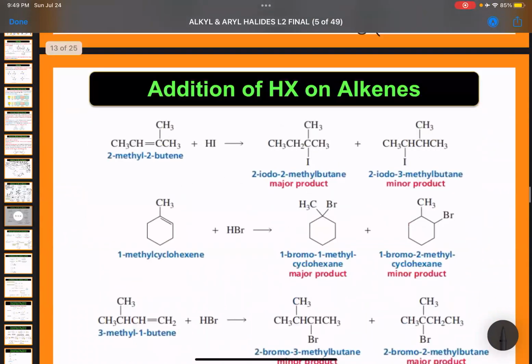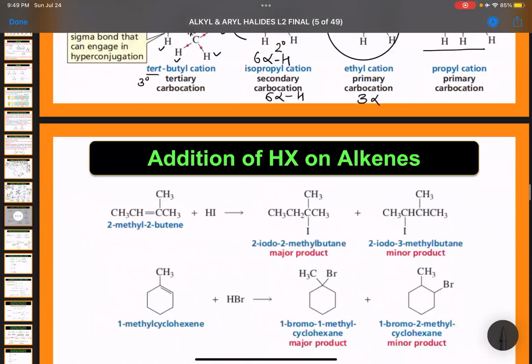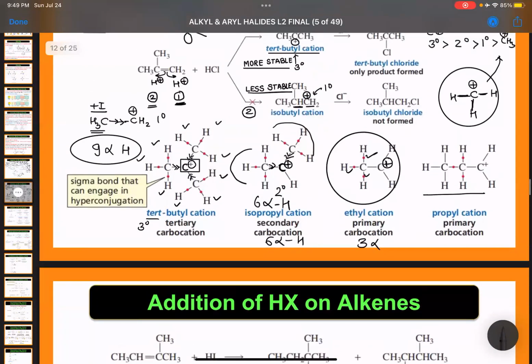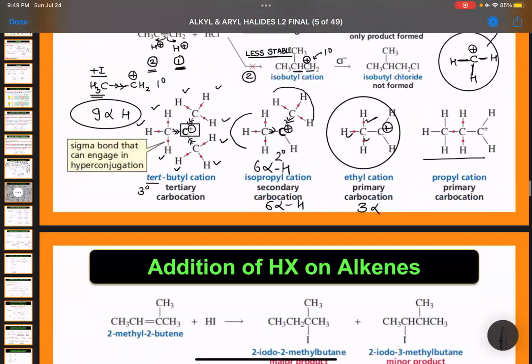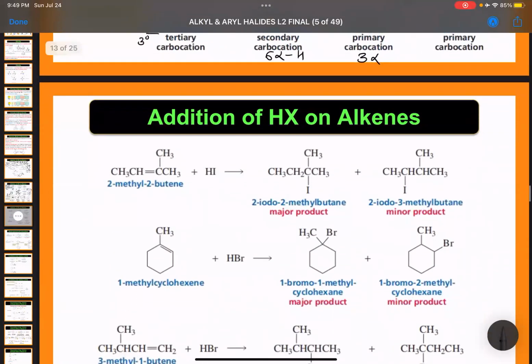So now the next thing is, carbocation, it is governed by the stability of carbocation. And tertiary carbocation is more stable than secondary, then primary, and then methyl. And it is because of the inductive effect and hyperconjugation. And how are you going to measure the inductive effect?